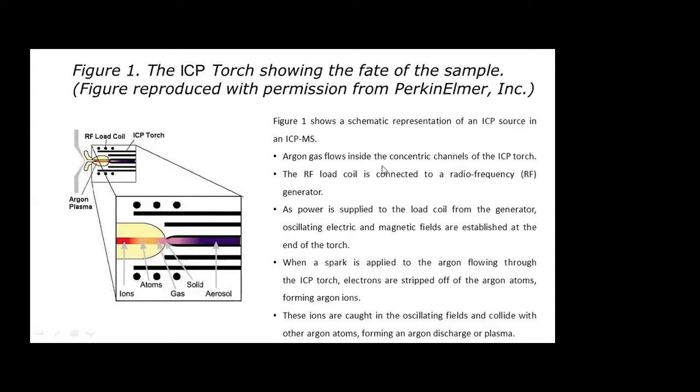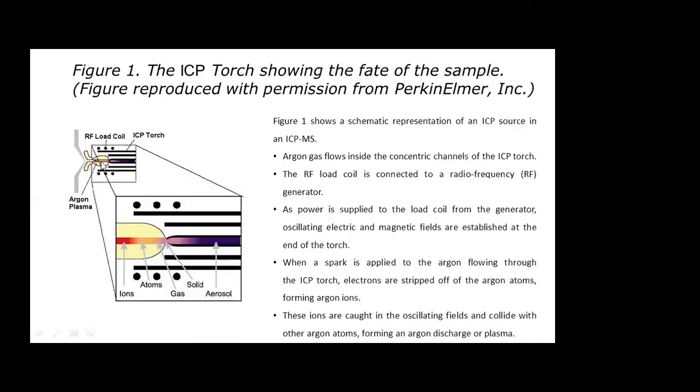As the argon gas flows inside the concentric channels, the RF load coil is connected to a radio frequency generator. Here we have the RF load coil. As the power is supplied to this load coil from a generator, oscillating electric and magnetic fields are established at the end of the torch.